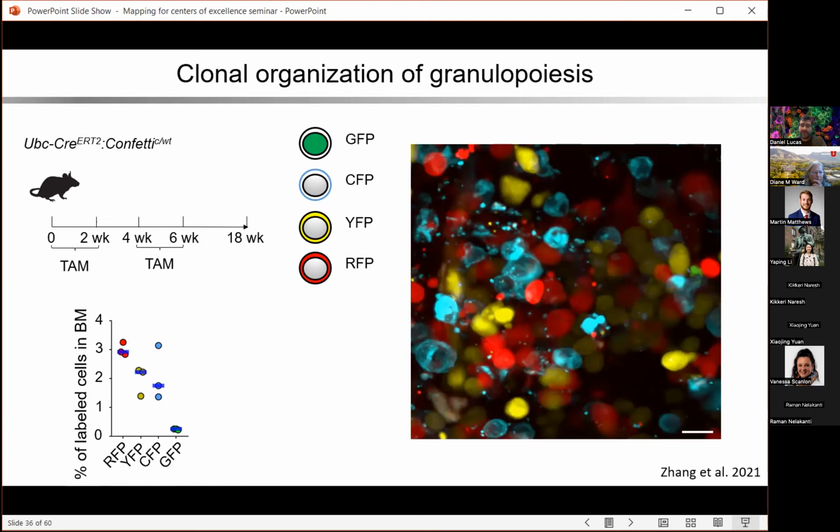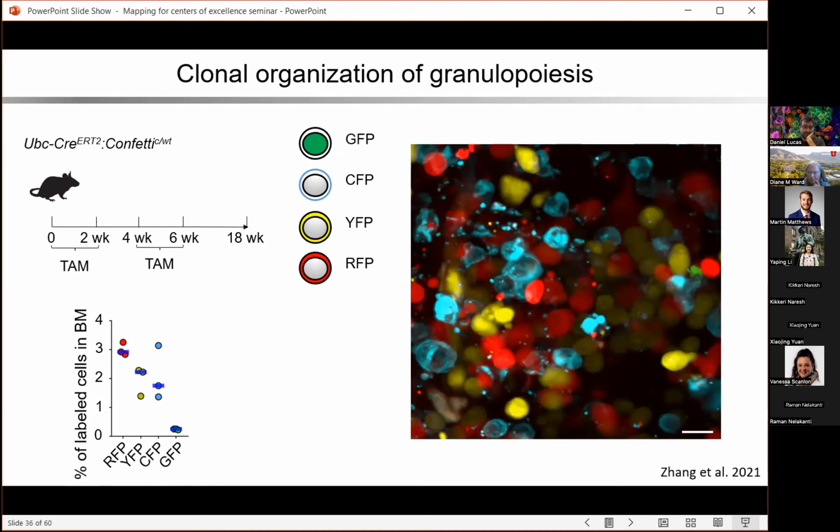So this, in theory, allows you to interrogate clonal relationships, but, and this is a known problem of the system and similar systems, these fluorescent proteins sit on top of the detectors that you need to use for detecting your antibodies. So, for example, RFP is going to overlap with your PE detection channel, CFP is going to overlap with your Alexa 405 channel, and GFP is going to overlap with your Alexa 488 channel.